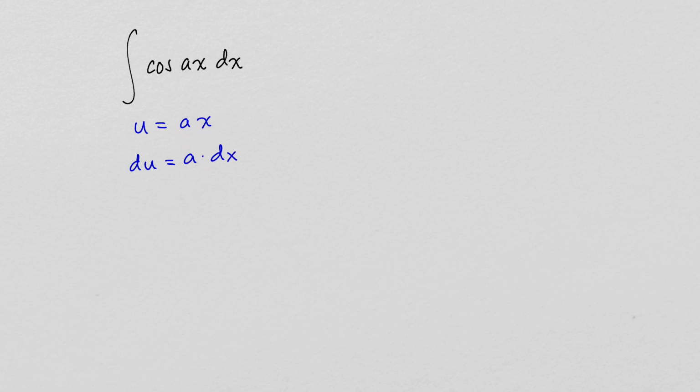Well, if you look at your integral, you don't have a times dx. So I'm going to rewrite this now as the integral of cosine of ax times, and then instead of putting dx there, let me put a dx, and then I'll just put a 1 over a on the outside. And of course, the idea here is the 1 over a and the a would cancel out.